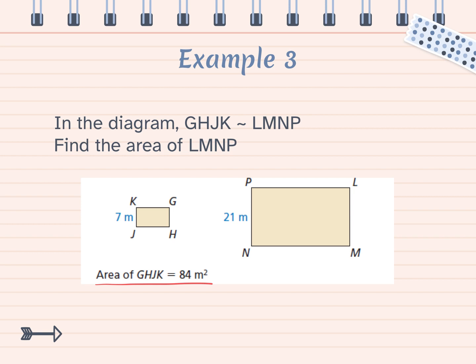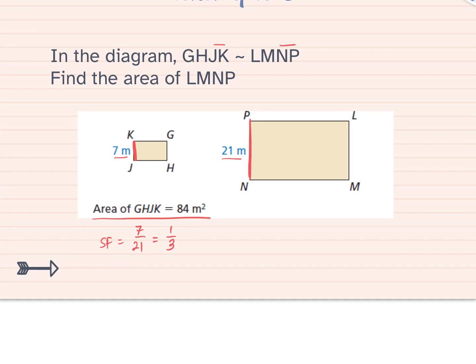Notice we've got KJ, which goes with NP or PN, so we know that these two sides are corresponding. So we know their ratios. If we go with the small one up top and the big one at the bottom, the side lengths are 7 to 21, giving us a scale factor of 1 to 3, or 1/3.